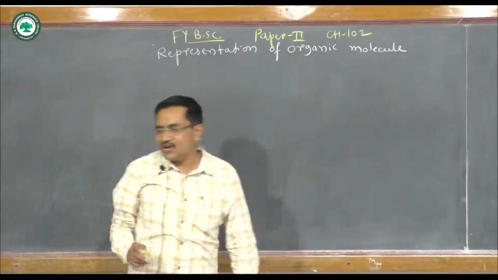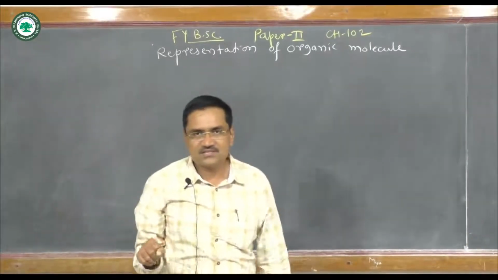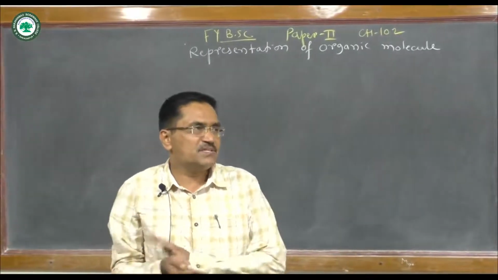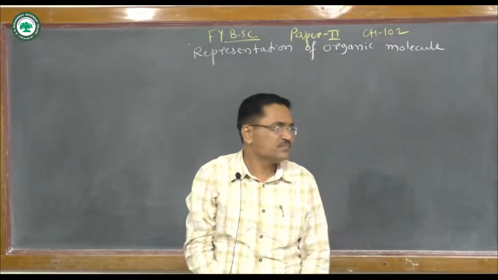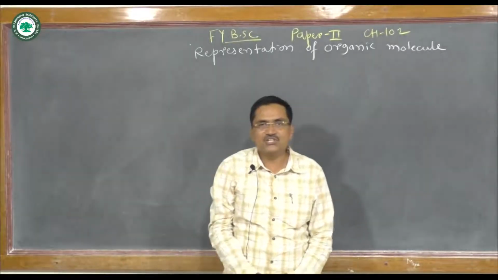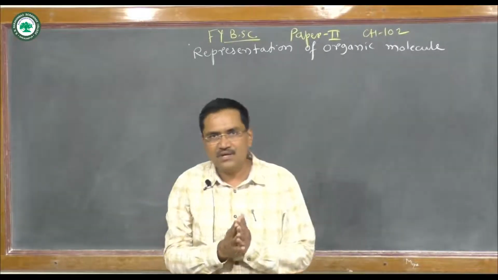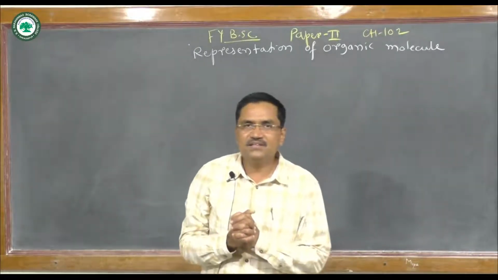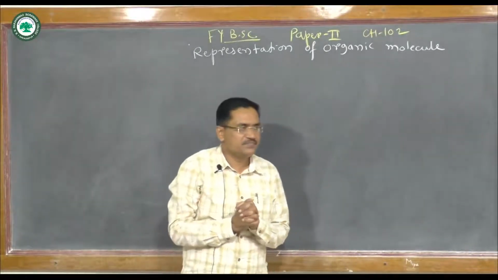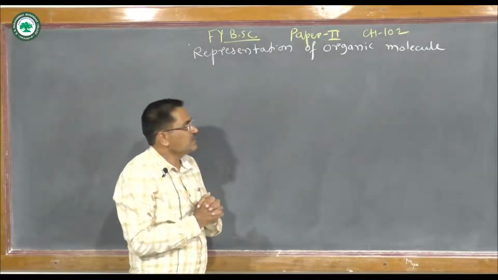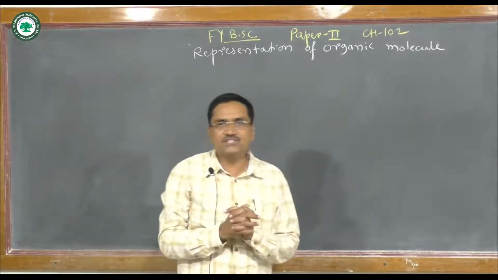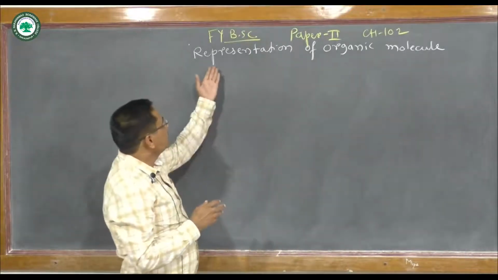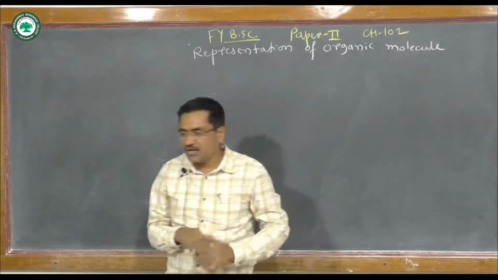Last period we already discussed the various isomerisms. There are two major types of isomerism: structural isomerism and stereoisomerism. We will start the stereochemistry from today, and before starting the stereochemistry we will discuss the representation of organic molecules.